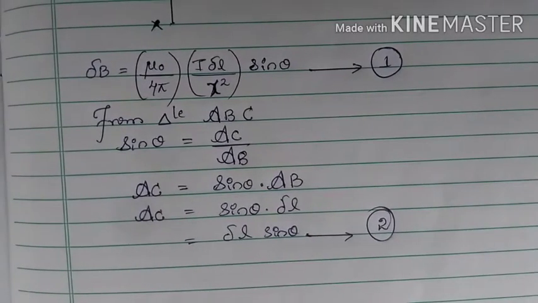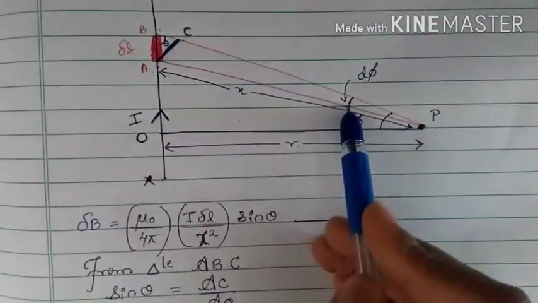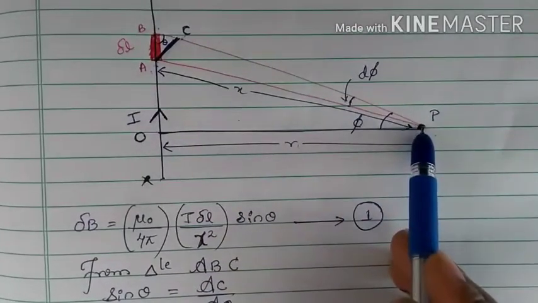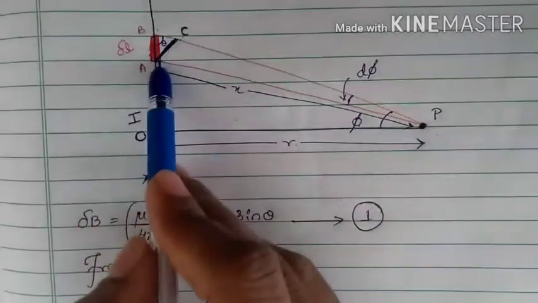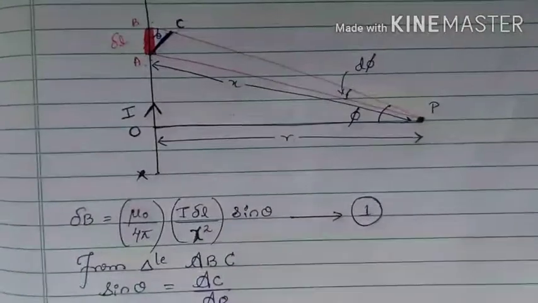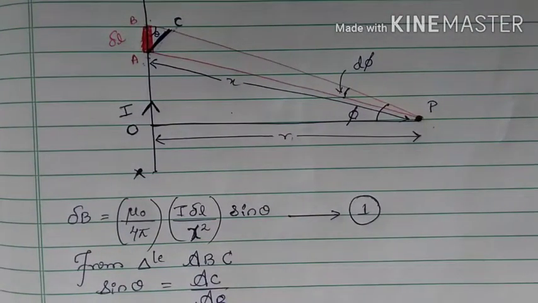Now similarly for an arc AC, here you have an arc and an angle d phi, and you know the distance as x. So for this arc AC we can write AC is equal to x d phi. Plane angle, solid angle, you might have learned in PUC first year.